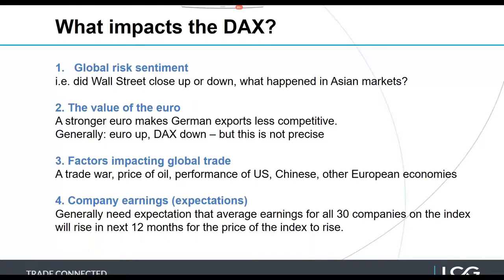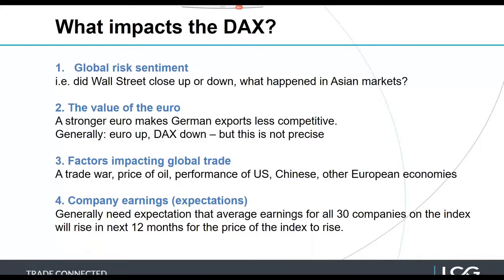These are the LCG proxies for the other big benchmarks across the world. So generally when the S&P 500 goes up, the FTSE 100 goes up, the CAC 40 in France, when all these are moving in sync, generally people are looking to take risk across the globe. And the performance of all these markets affect each other.